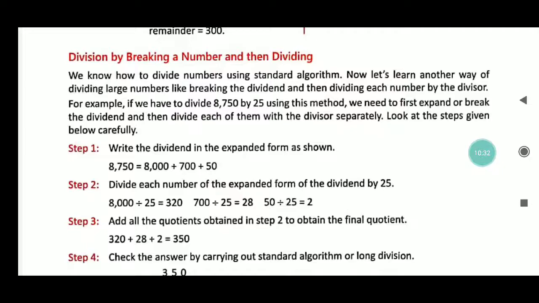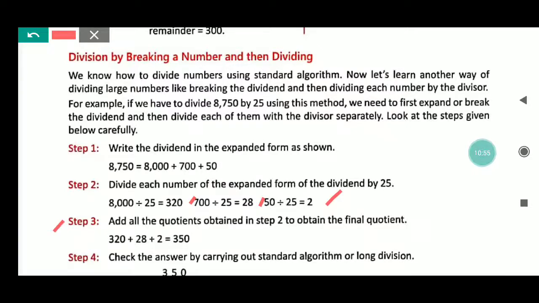In step 2, divide each number of the expanded form of the dividend by 25. So 8000 divided by 25 equals 320, 700 divided by 25 we get 28, and 50 divided by 25 equals 2.